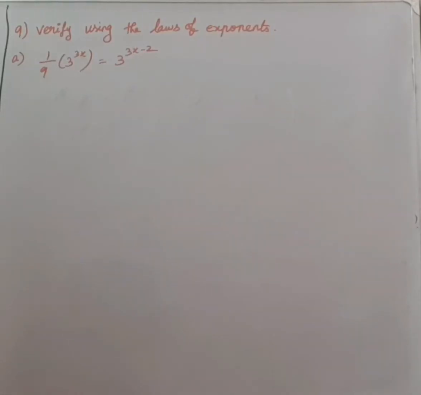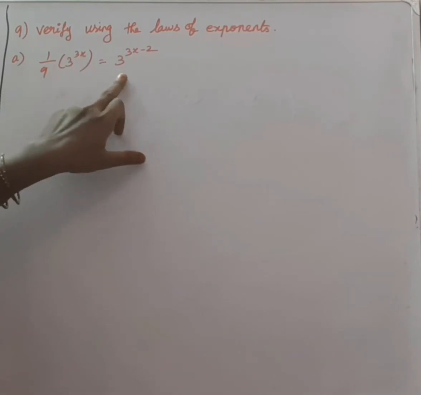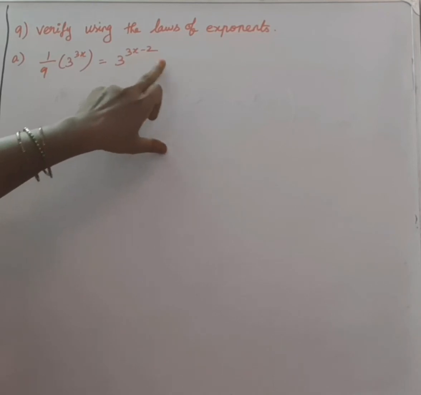Okay. See the next sum. Verify using the laws of exponents. The first sum is (1/9) into 3 power 3x equal to 3 power 3x minus 2.